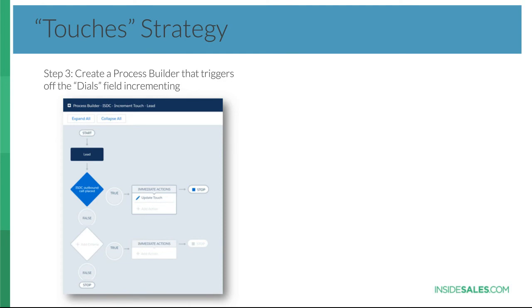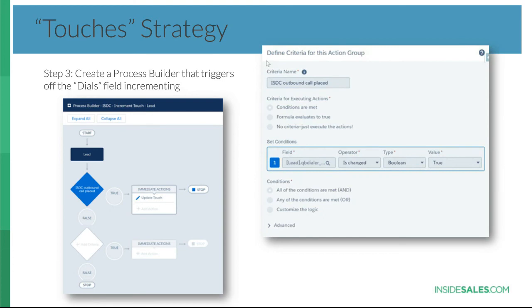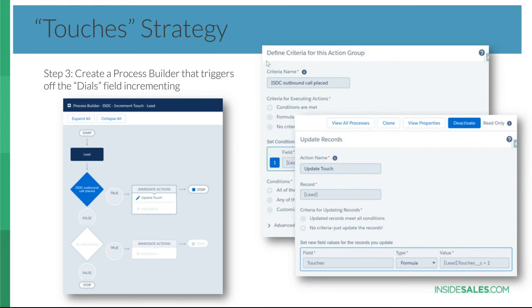So when we consider this strategy and we consider down the road, maybe a record went through 8 touches, but now it's been assigned to a new campaign, so we want to bring it back into a seek list. We can't change the dials count. That's hands off. But we can change the touches field.